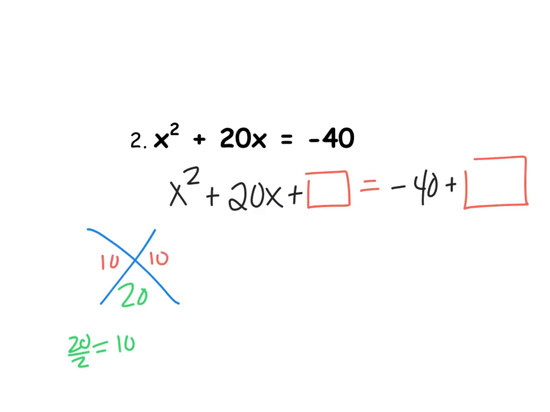And then I do 10 times 10, which is 100. That goes in my squares. Okay. I now factor x squared plus 20x plus 100. But the best part about the diamond is I already know what my factors are. It's x plus 10, x plus 10.